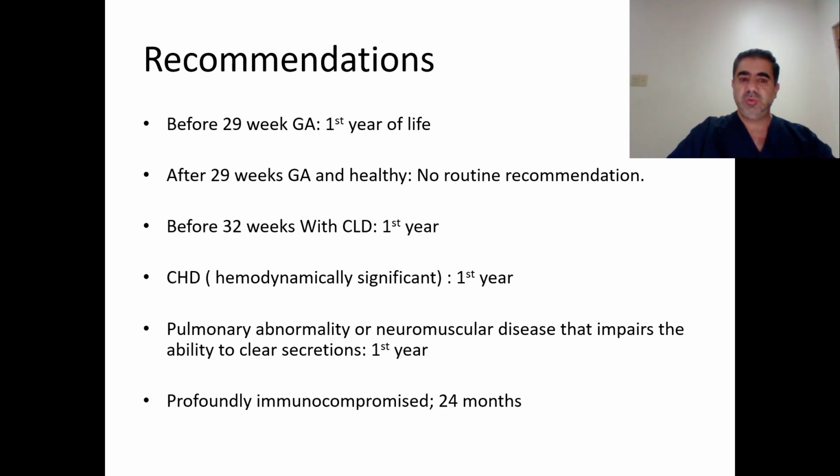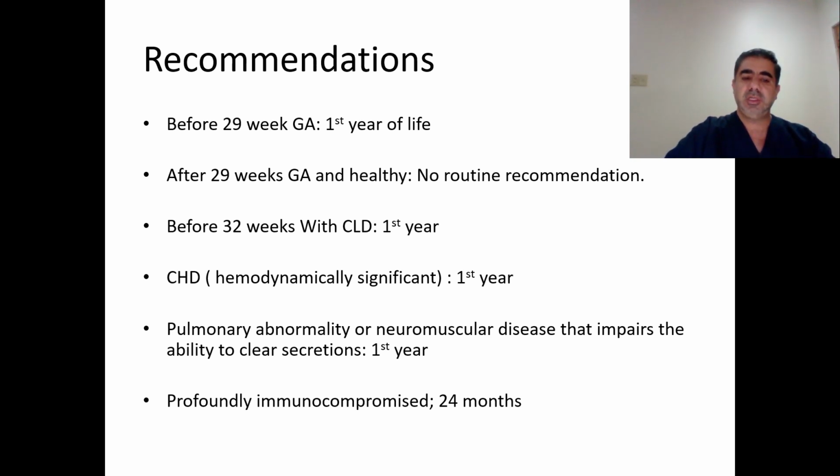If after 29 weeks and healthy, there is no routine recommendation. But if the baby is less than 32 weeks and is having chronic lung disease, he fulfills the criteria during the first year of life.